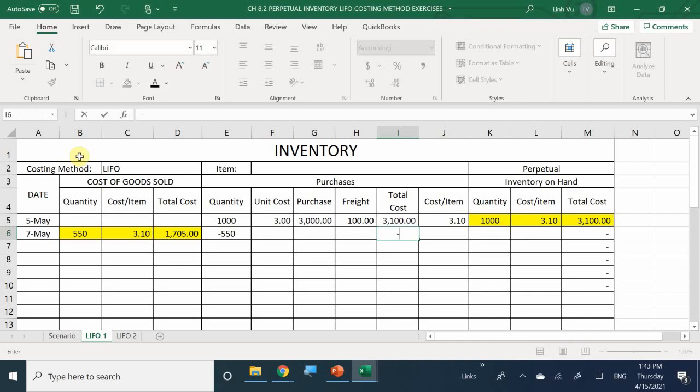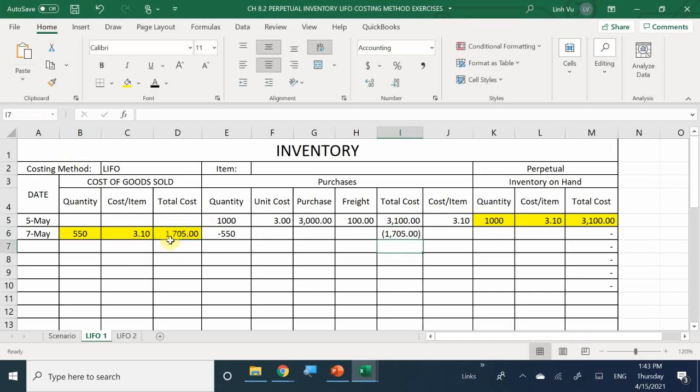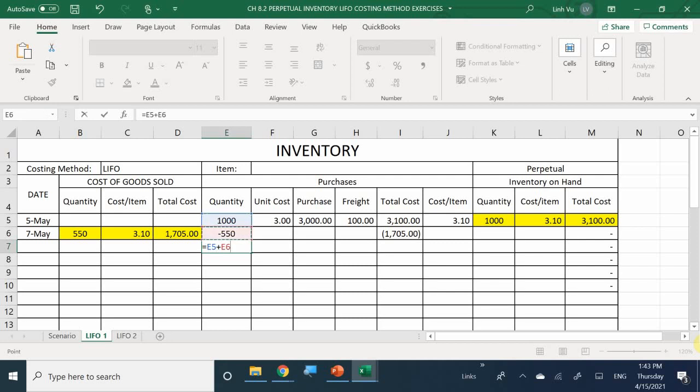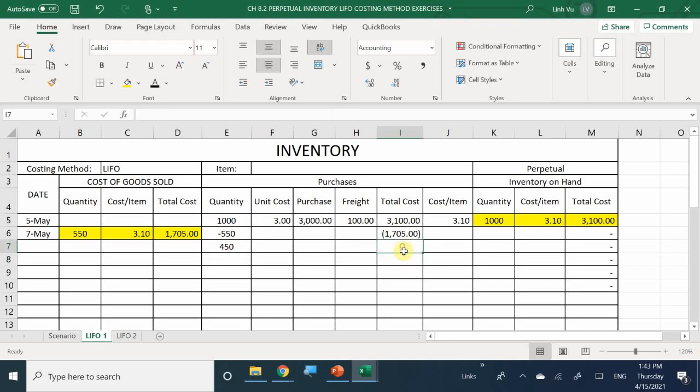In this case, I want to make sure that you understand that we are not adding, we are subtracting this number out. So that's why I have that negative. If I started with 1,000 and I got rid of the 550, how much should I have remaining? 450. All right. So if I started with 3,100 and I sold 1,705, how much should I have left? 1,395.